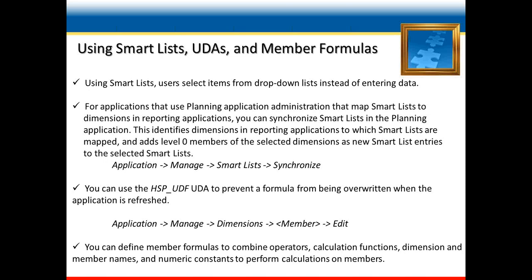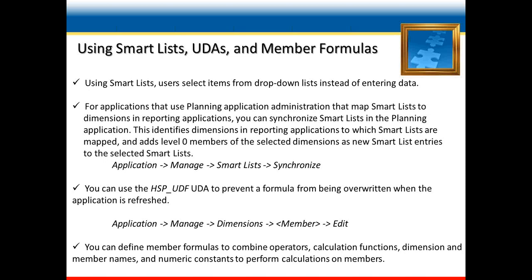So this is about smart lists, UDAs, and member formulas associated with the planning application. Using smart lists, users or planners select items from a drop-down list instead of entering data.